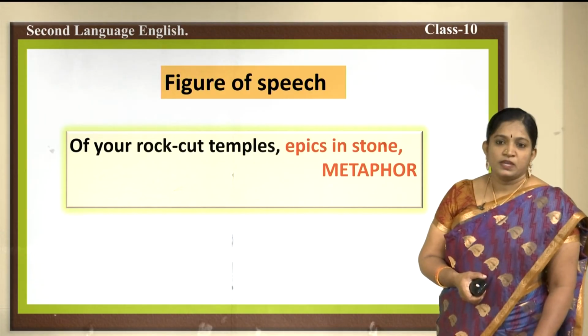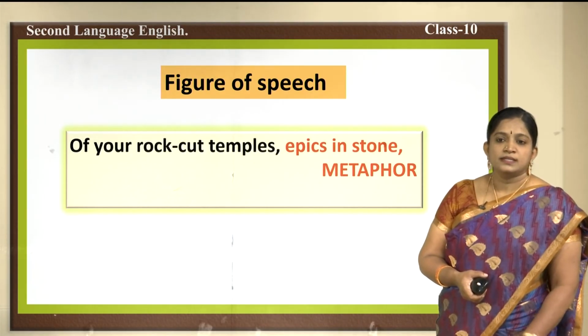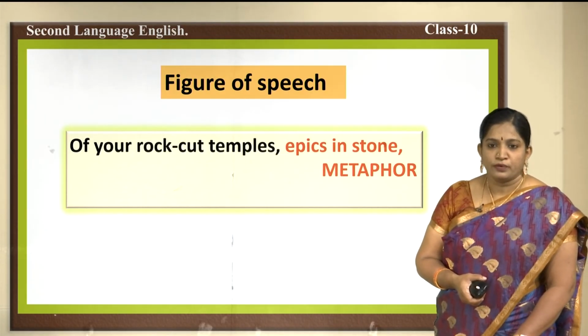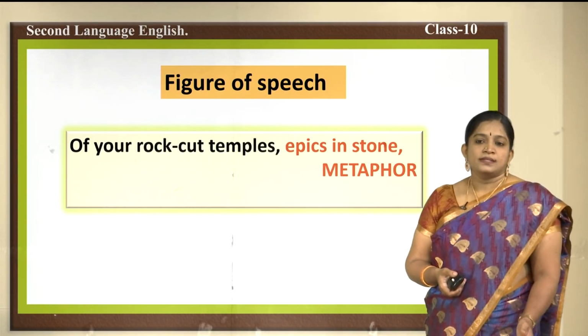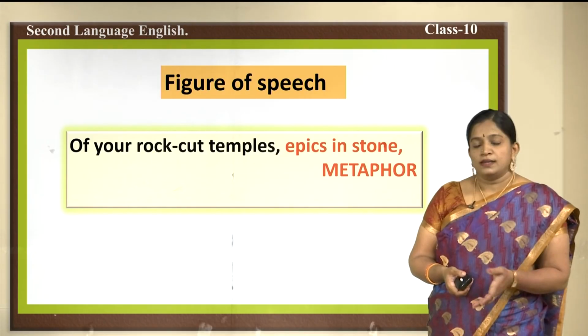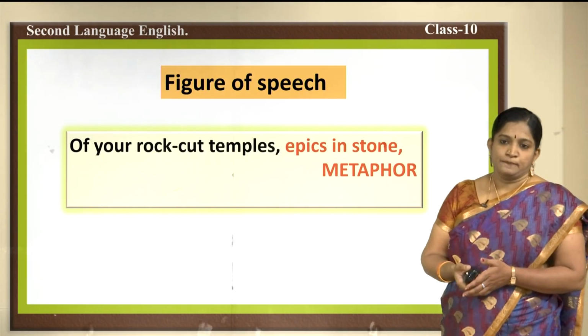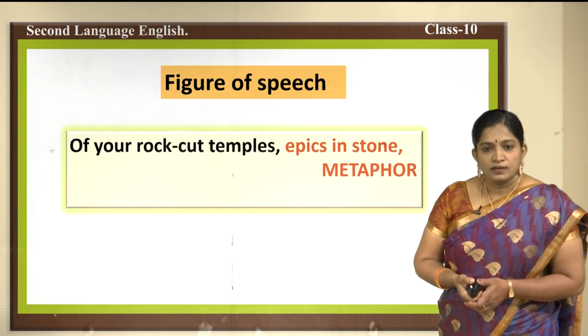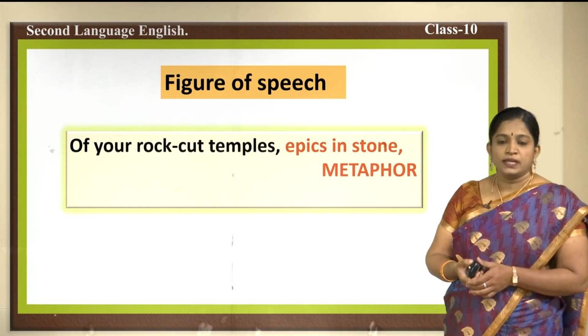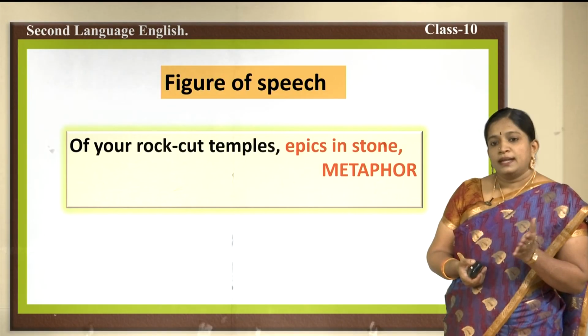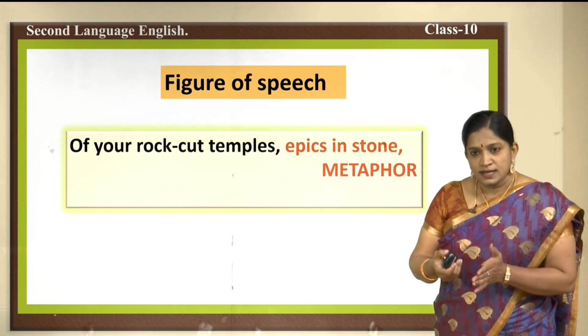Here which figure of speech we find? It is metaphor. You know what is metaphor? Metaphor is a figure of speech in which a thing is regarded as a symbolic representation of something else. Here the carvings on the rock cut temples represented epics. That is why the poet is calling rock cut temples as epics in stone.